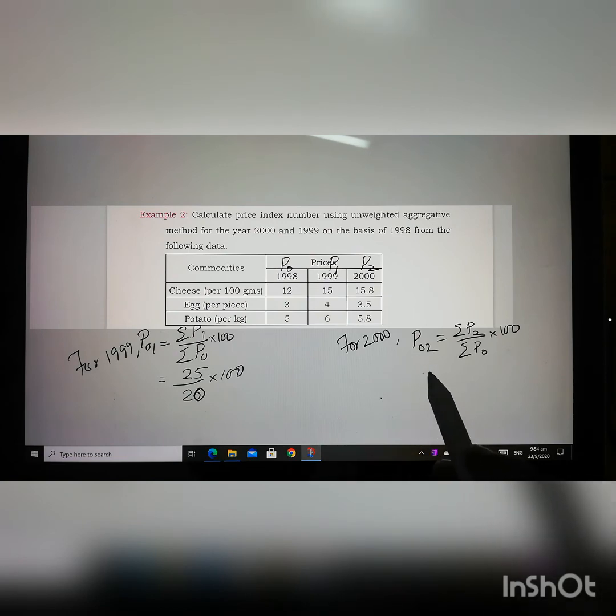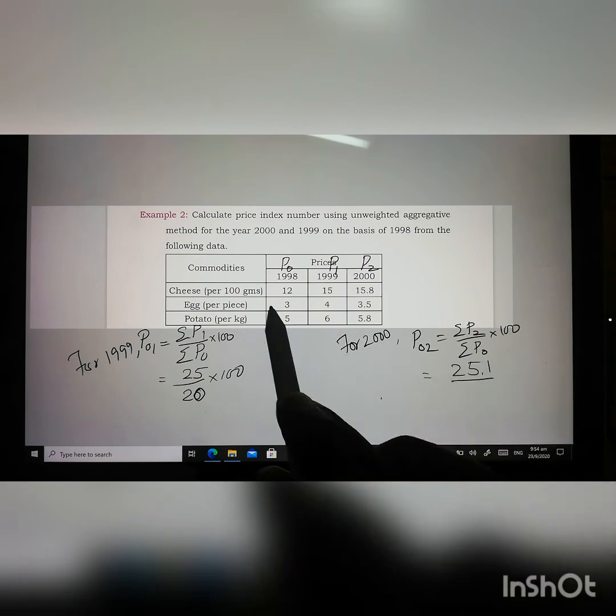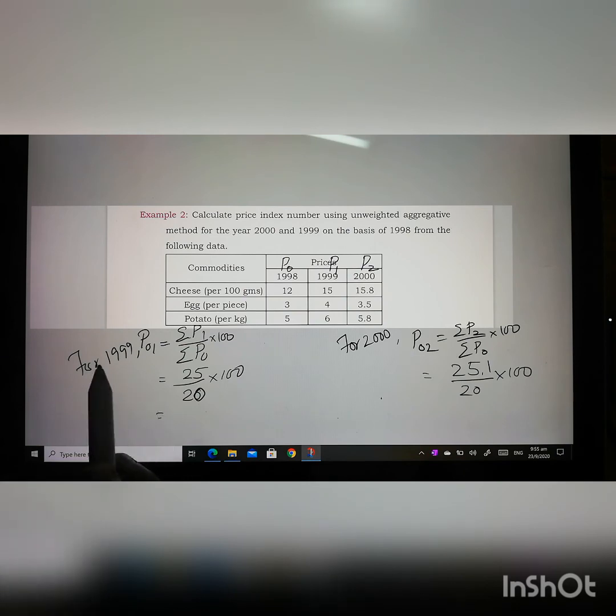So in this case, it would be 15.8. All the decimals are given to us. 15.8 plus 3.5 plus 5.8 is equal to 25.1. 25.1 divided by 20. Summation P0 is 20, into 100. Clear? So let's see, for 1999 it is 25 divided by 20 into 100.